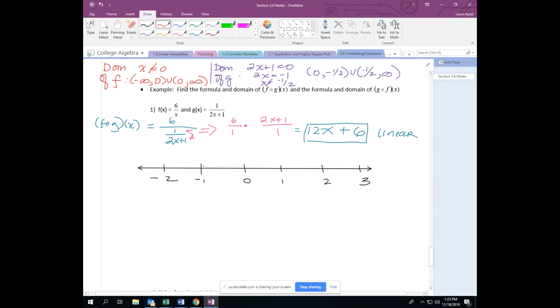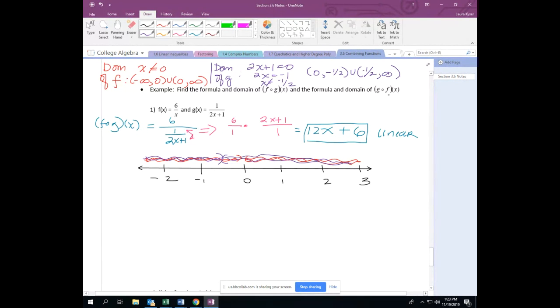If we put that on the number line, it's going to kind of look like this, shading off to the left, shading off to the right, just not touching 0. And then the second one is everything but -1/2. So that's about right here. And again, everything shaded off to the left, everything shaded off to the right.